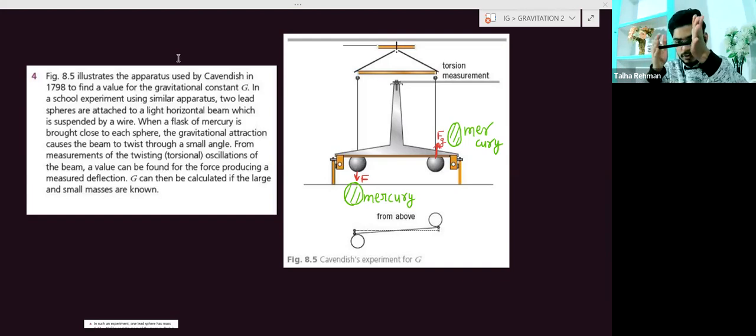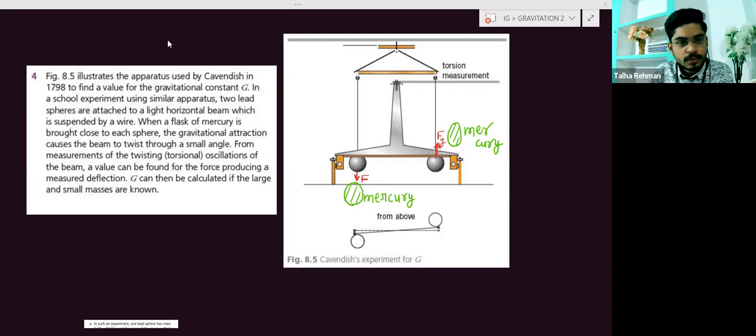Due to that, this beam will bend a little bit, and there will be a twist in the wire. A wire is connected, you can see here. In this there will be a twist.